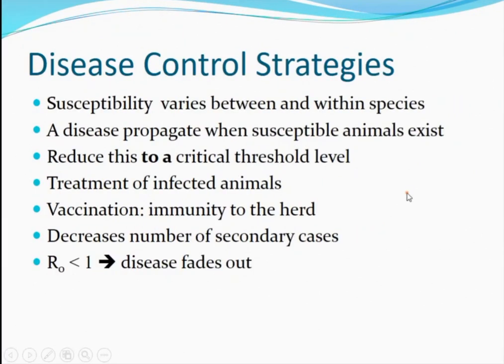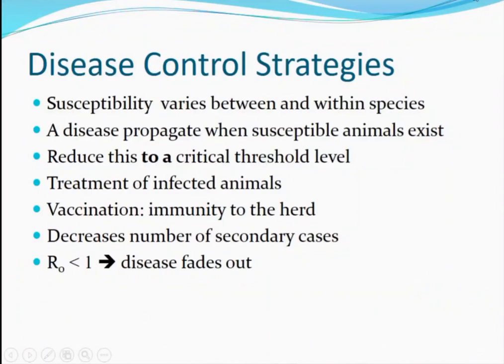So let us look at the disease control strategies. You know that the susceptibility to a particular disease varies between and within species, of course, and the disease can propagate only when susceptible animals exist in a population.